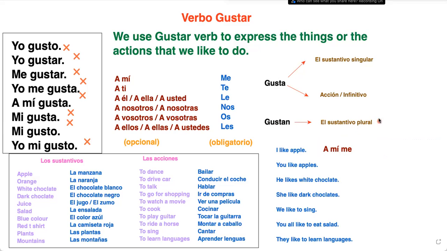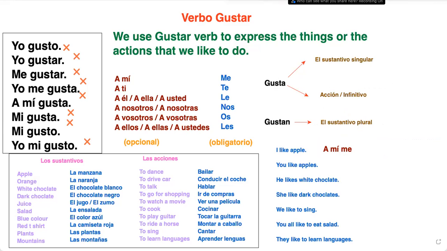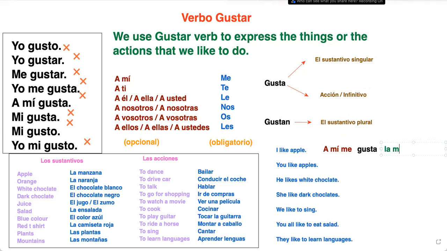El sustantivo plural, plural object. But here we are talking about only one apple. So what would I use? Gusta. And what is the object here? La manzana, the apple. Okay.